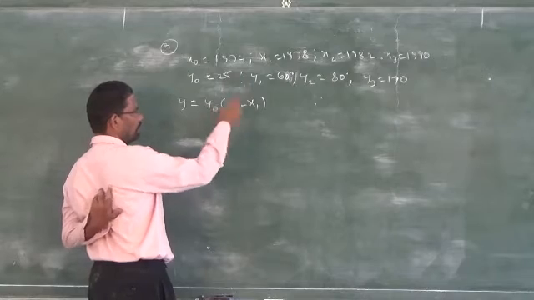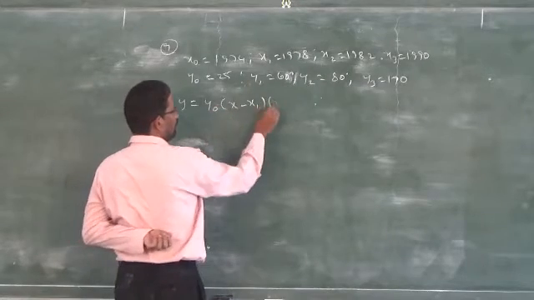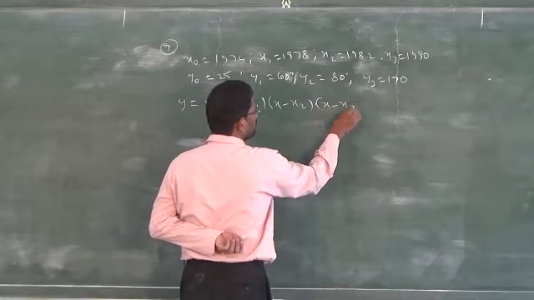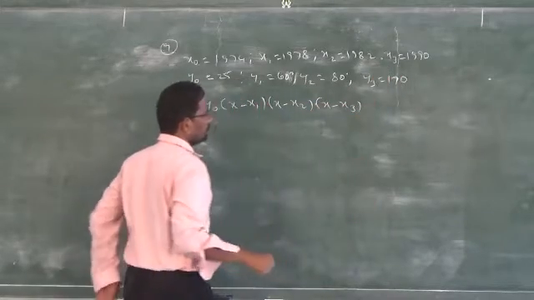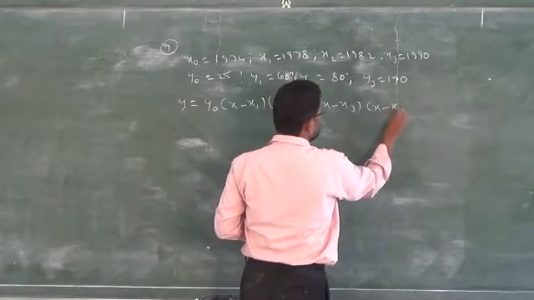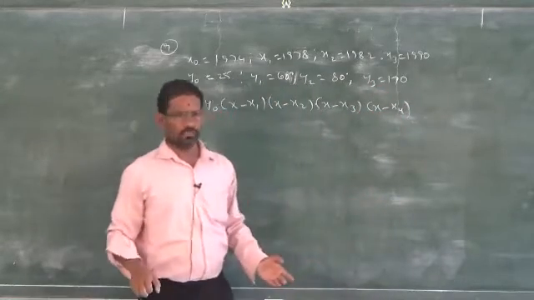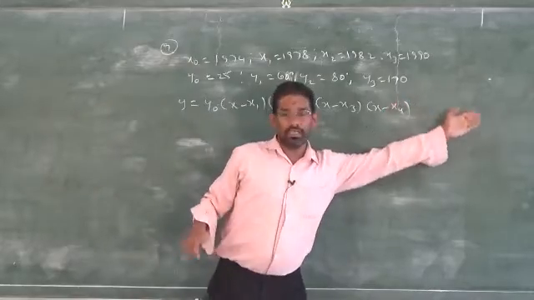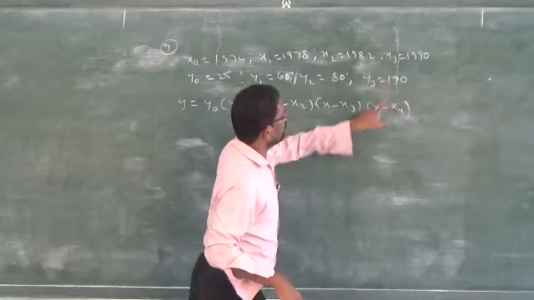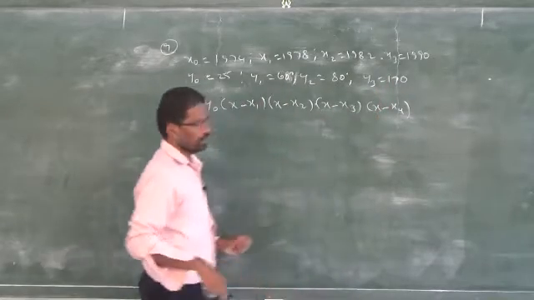When you start with Y0, X0 should not be there. X minus X1, X minus X2, X minus X3, because we have up to X3. If we have one more data, that is X4, then you have to extend up to X minus X4, sometimes X minus X5. It depends upon the question. Here it is given only up to X3, therefore you write up to X minus X3.